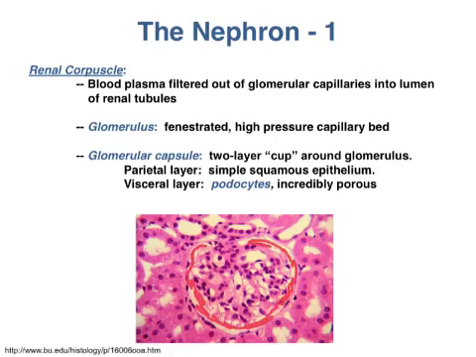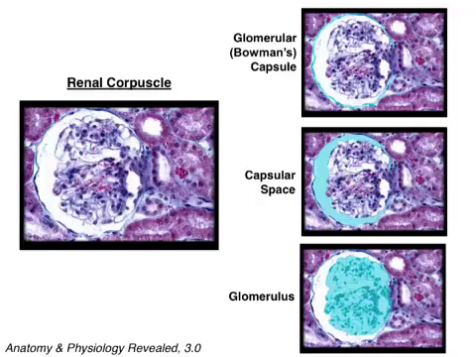This is the space that urine enters into, and this is the space that's continuous with the proximal convoluted tubule. Here's another look at the renal corpuscle under the microscope with the different structures highlighted. So this is actually the parietal layer of the glomerular capsule highlighted, the capsular space, and then the glomerulus itself. You can actually see little red blood cells in those capillaries of the glomerulus.